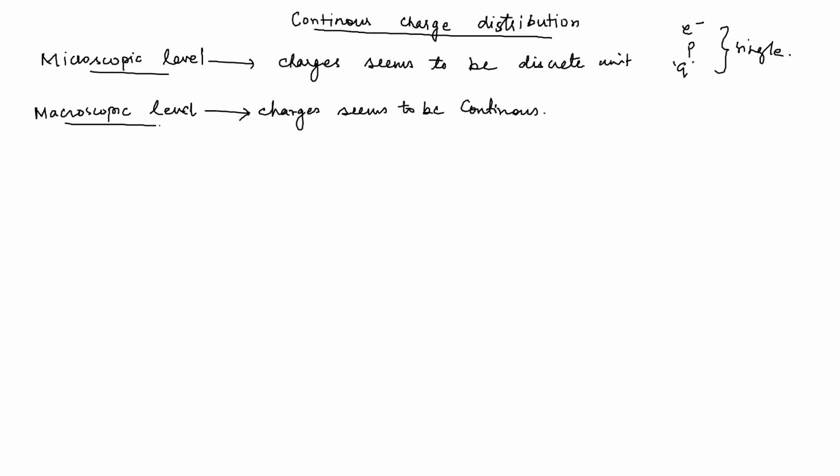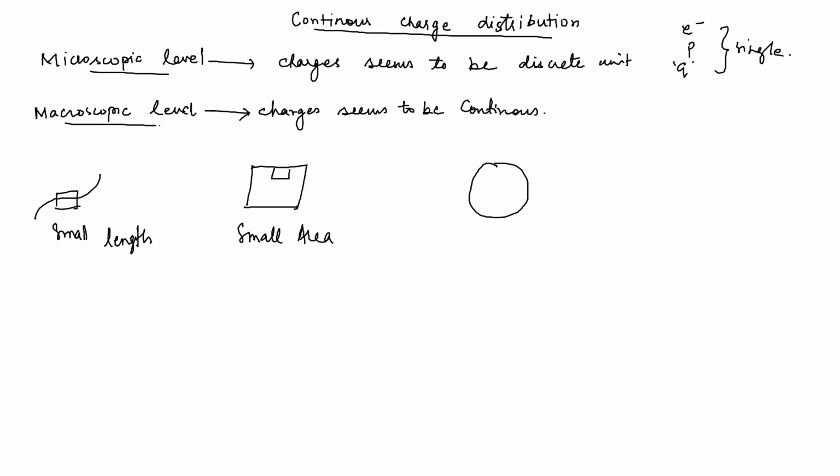Now we will aim at a line, a particular surface and a given volume. In this we have taken a small length, in this a small area, and in this a small volume.